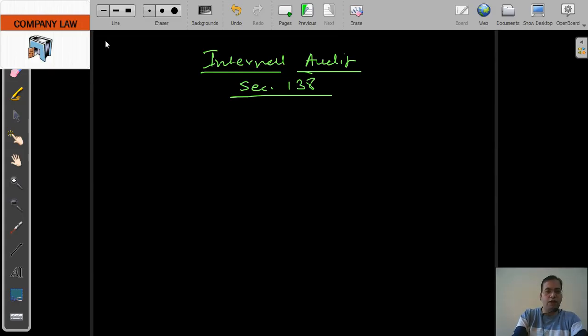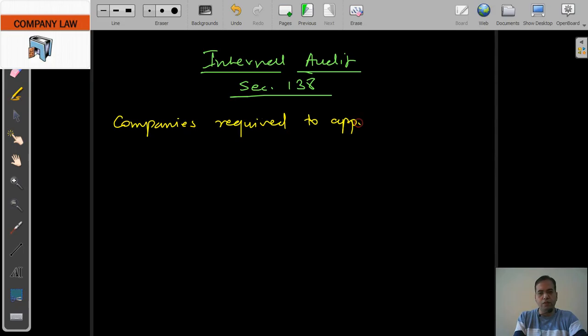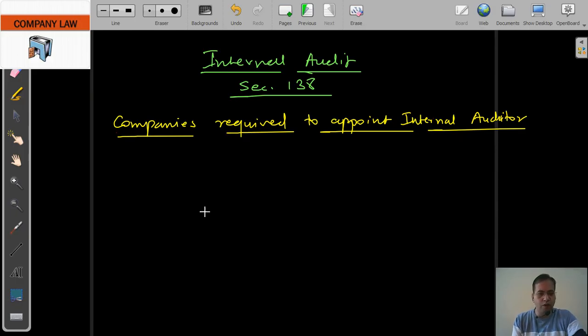Only to such class or classes of companies, as may be decided by the board of directors. Companies required to appoint an internal auditor.